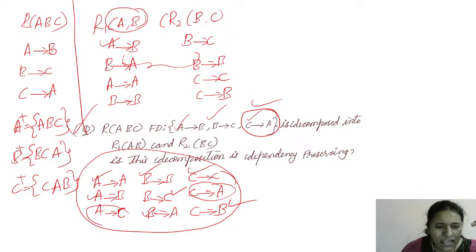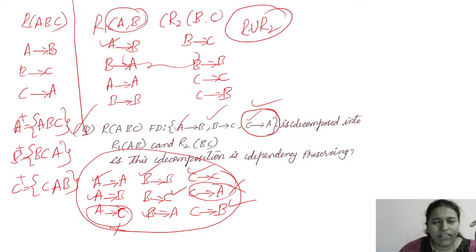We are not getting AC and we are not getting CA. Now what we have to do? By using R1 union R2, we have to check whether we are getting C to A from R1 union R2. If we get C to A from the union of R1 and R2, then it is dependency preserving. Otherwise, it is not preserving. I hope you understand.